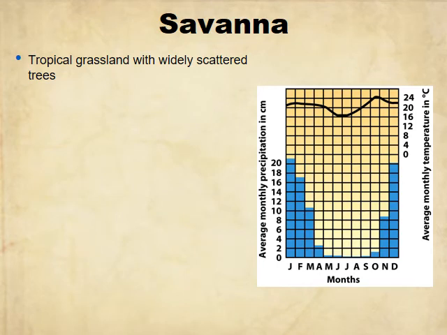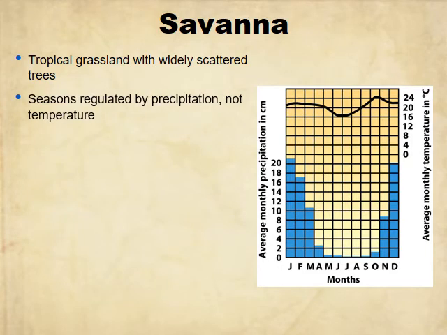Your savanna is a tropical grassland instead of a temperate grassland like we have in North America. Some scattering trees. This is regulated by precipitation and not temperature. However, you can see here that this savanna, it seems, is in the southern hemisphere because their colder months are in June, July, and August.